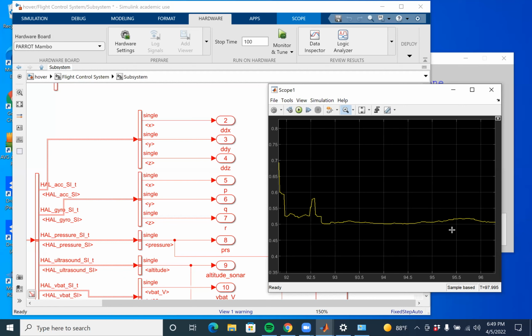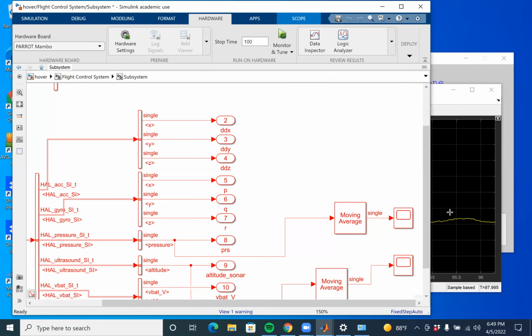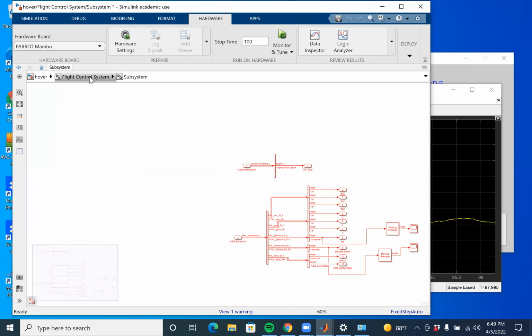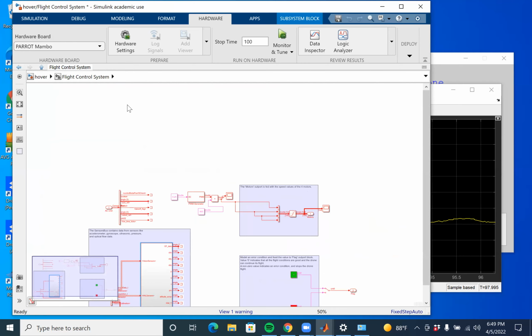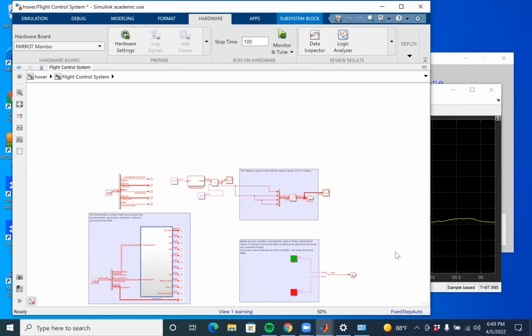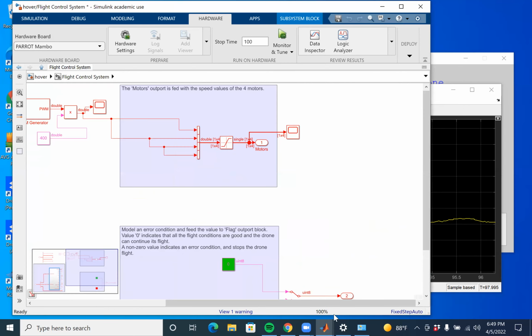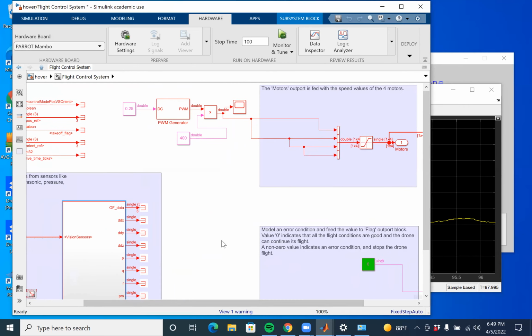Now, how would you design an altitude control based on this? It's actually very simple. How would you design an altitude control based on this?